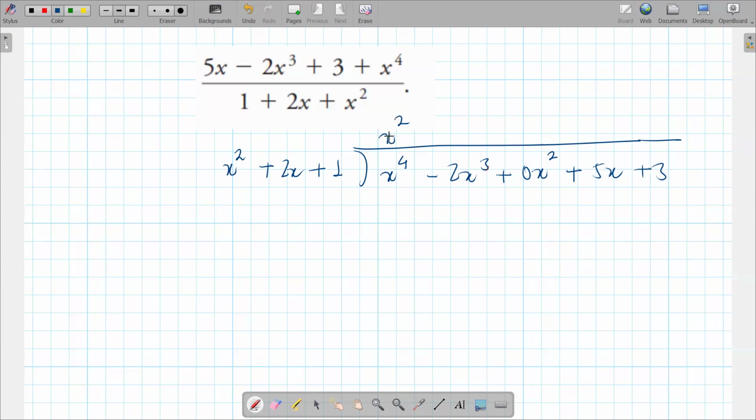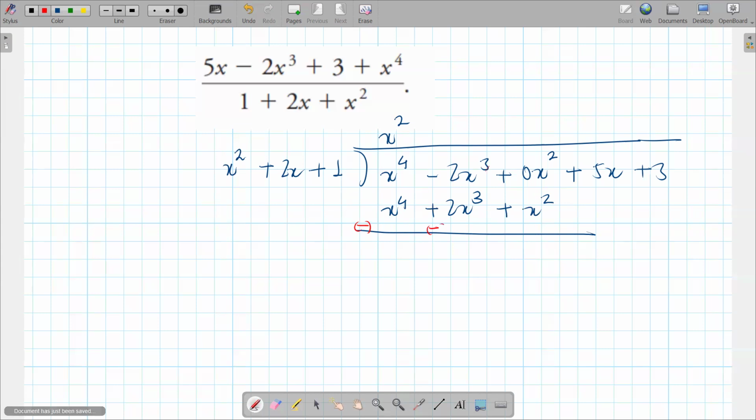Once you have this, the next step is to multiply your quotient with your divisor. So x squared times x squared, x^4. x squared times negative 2x is negative 2x^3. x squared times positive 1 is x squared. And then you subtract.